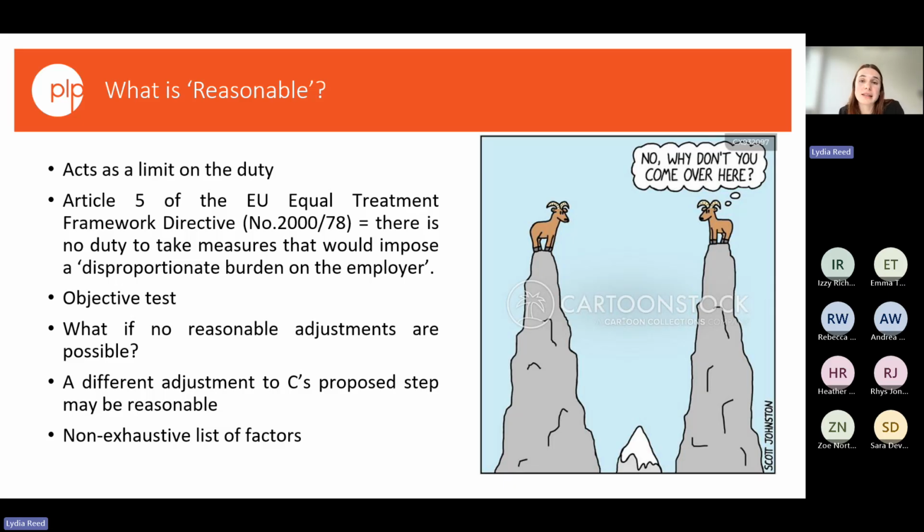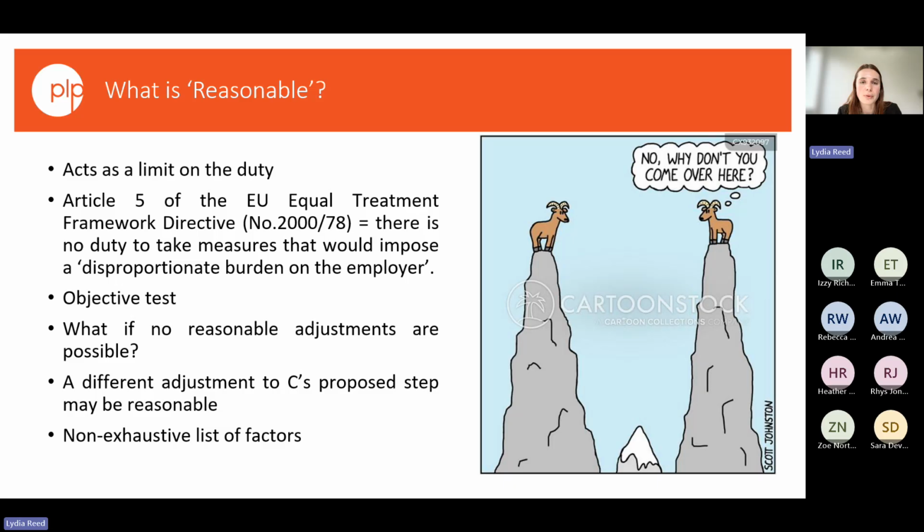So the tribunal will consider the extent to which taking the step would prevent the substantial disadvantage, so how effective that step is, the extent that it was practicable for the employer to take that step, the financial and other costs incurred by the employer taking that step, and the extent that it would disrupt their activities, the employer's financial and other resources, the availability to the employer of financial or other assistance in taking that step, the nature of the employer's activities, so that comes into the previous example.